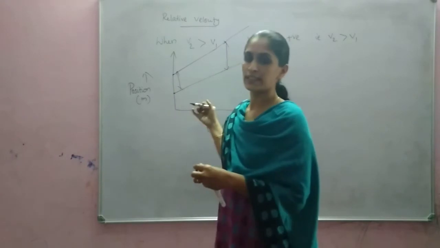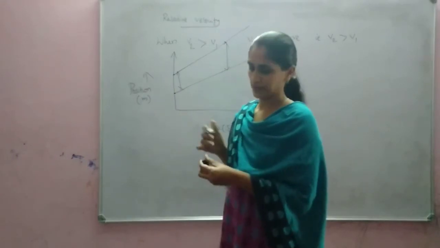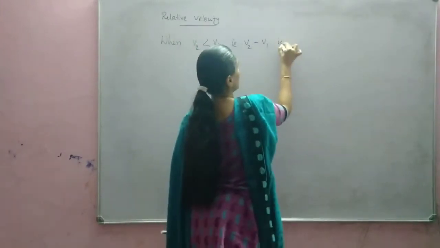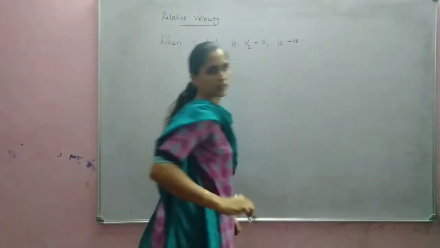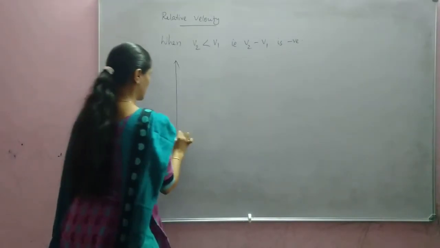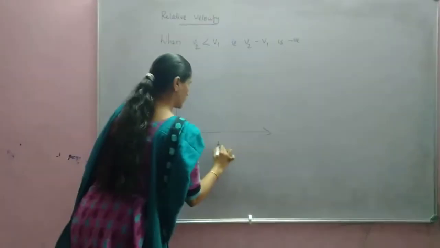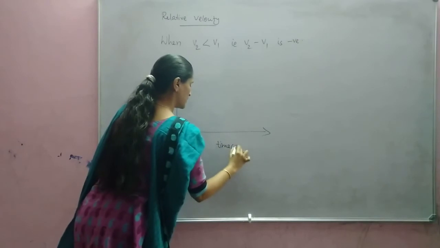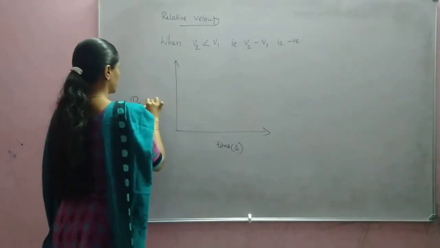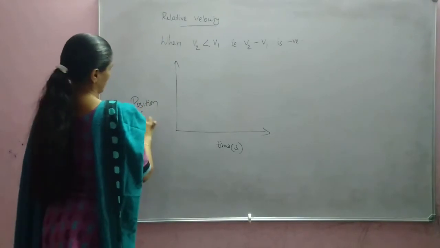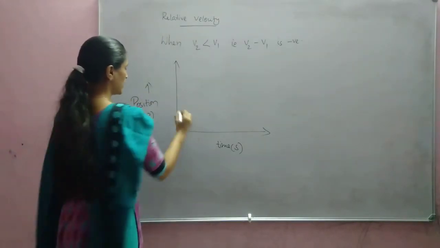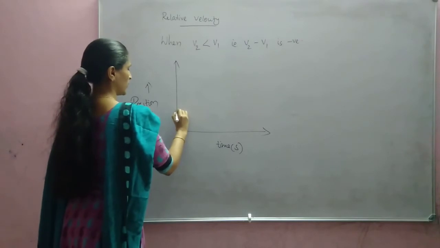Now we will discuss the third situation, where v2 minus v1 is negative. We are considering the position-time graph, with time in seconds and position in meters. Initially the object is at this position.